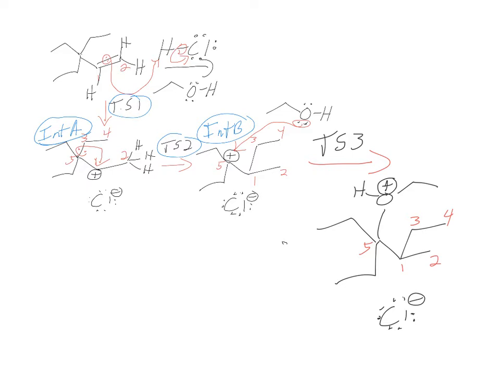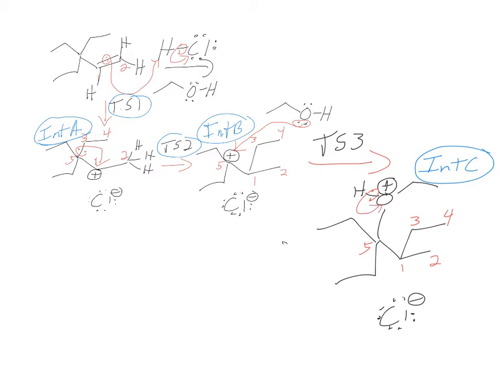Okay, so now one last step here. So this is intermediate what now? We've made another intermediate. Intermediate C. What's the final step here? Are we going to leave that oxygen with the plus charge? Nope. You can use the chlorine to go grab it, or you can just say, right, this H is just saying it's okay, oxygen.